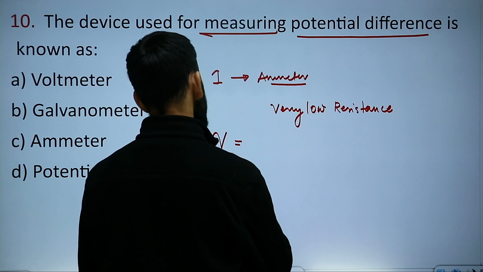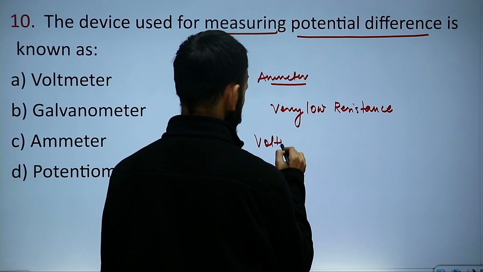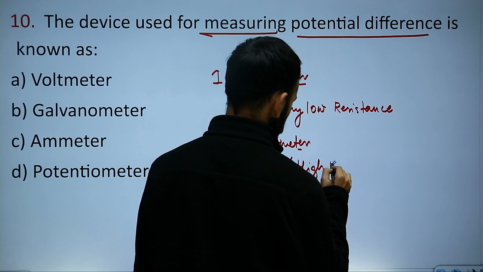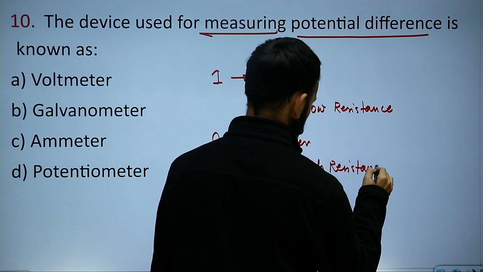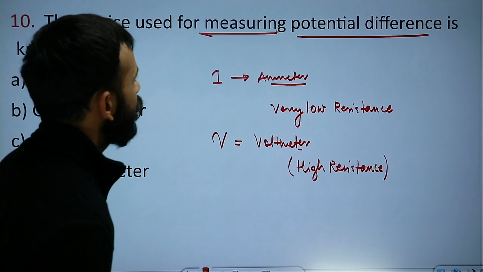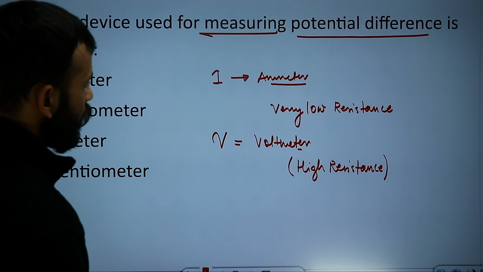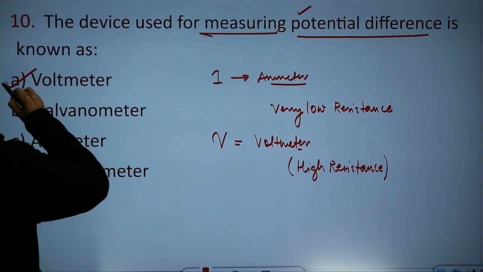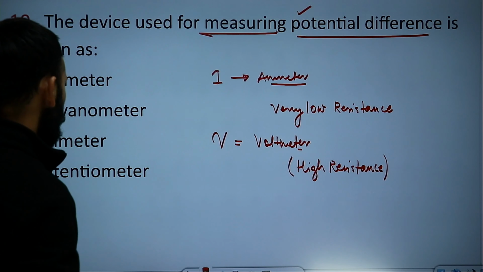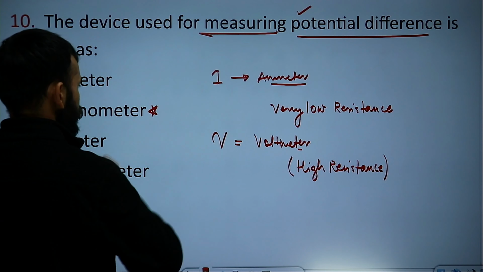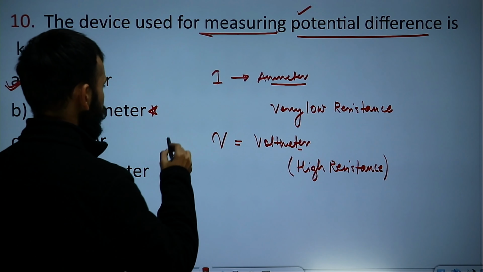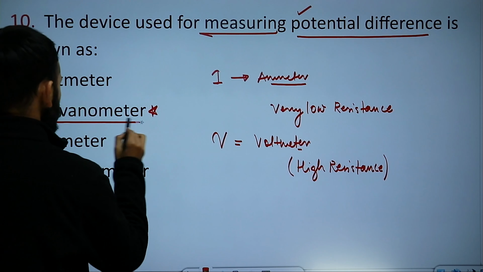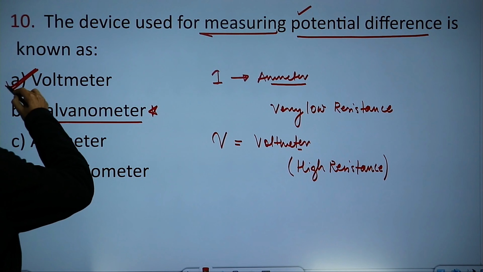And potential is measured by voltmeter, which has very high resistance. So here we have to find out which particular instrument measures potential difference. So here our option is voltmeter. Galvanometer can also measure potential difference, but there should be a very high resistance in series with the galvanometer. So here our answer is voltmeter.